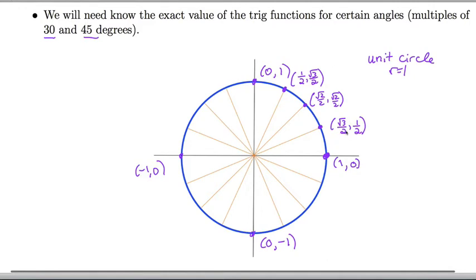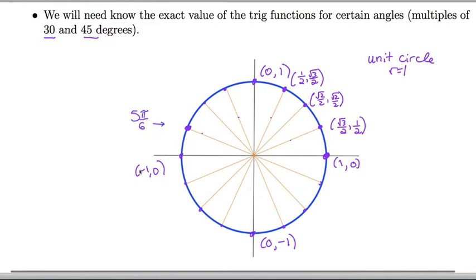Then, if you wanted the coordinates of one of these other points, and I'll tell you why you'd want them in a minute, you can just use the fact that the x and y are going to be similar, maybe with negative. For example, this angle over here, which is 1, 2, 3, 4, 5 lots of 30 degrees. So that's 5 times 30 degrees, which is 5 pi over 6.